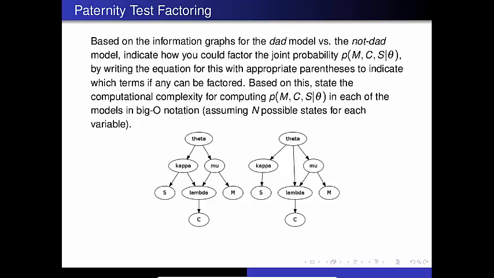So I'd like to work through an example of this. We're just going to start from the information graph structures that we just worked out for the DAD model on the left and the not DAD model on the right. And the basic challenge to you here is to turn these information graph structures into equations for the joint probability of our observables given our root variable theta.